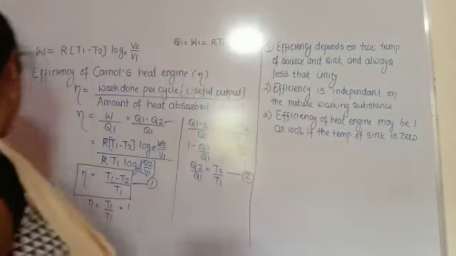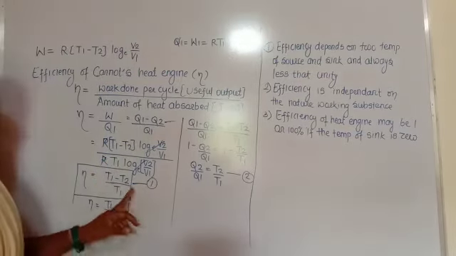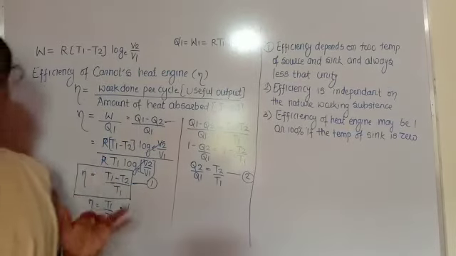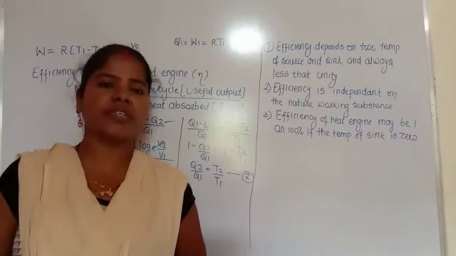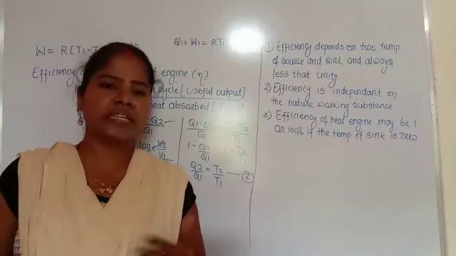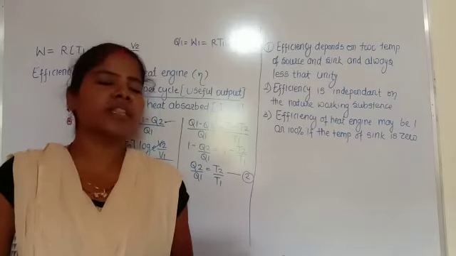But it is impossible to have T2 be 0. Hence, no engine can be 100% efficient. T2 is the temperature of the sink. During isothermal compression and adiabatic compression, a small amount of heat is rejected from the engine and that rejected heat is stored in the sink.